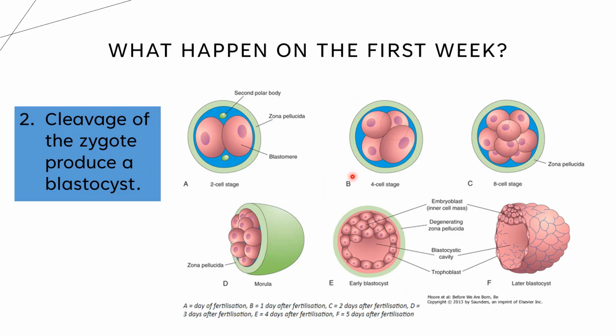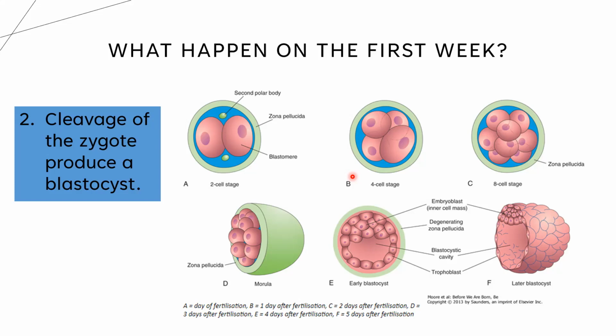Now what happened after the fertilization is the cleavage of the zygote, which produces the blastocyst. Okay, what is the blastocyst? What is blastomere? What is morula? What is blastocyst? And which of these products will be implanted into the uterus wall?